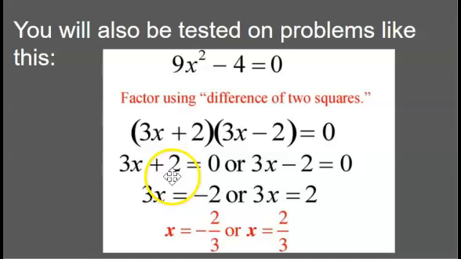So 3n plus 2 equals 0, and you solve it, and you get x equals -2 over 3, and 3x subtract 2 equals 0, and you solve it, and you get x equals 2 over 3. Now, I haven't given you any practice like that in class, but I hope you can take what you know about factoring and what you know about solving equations and put those two things together to solve that equation when you see it again on the test or on the study guide.